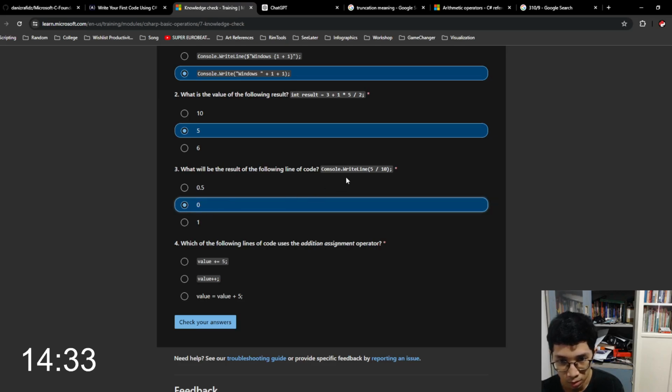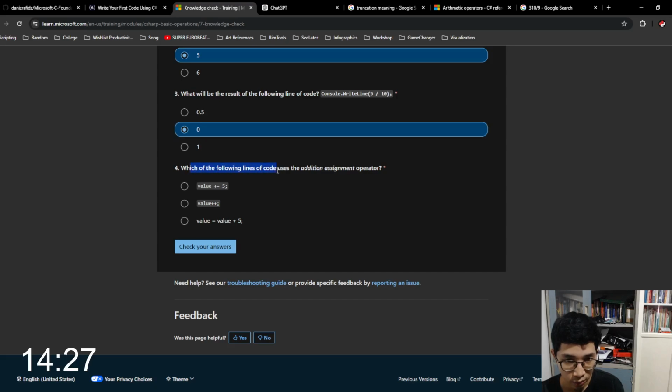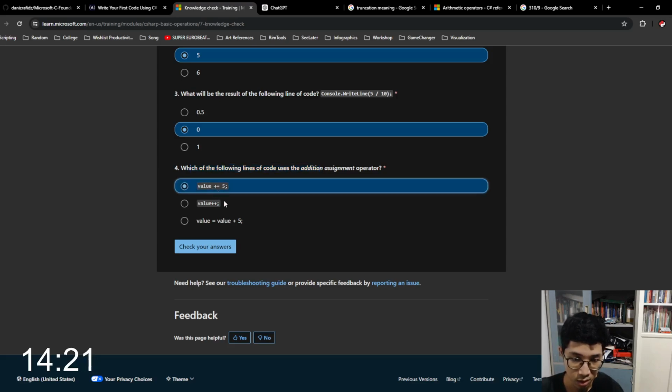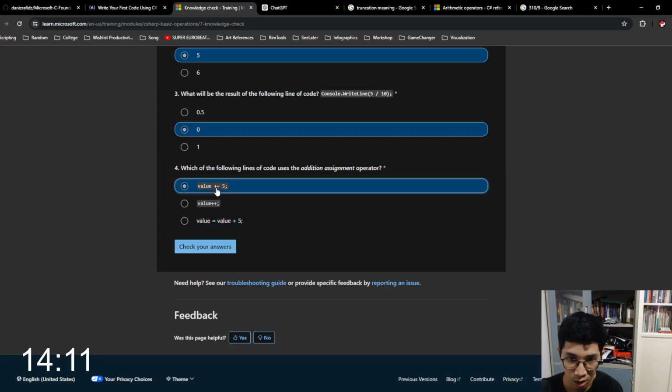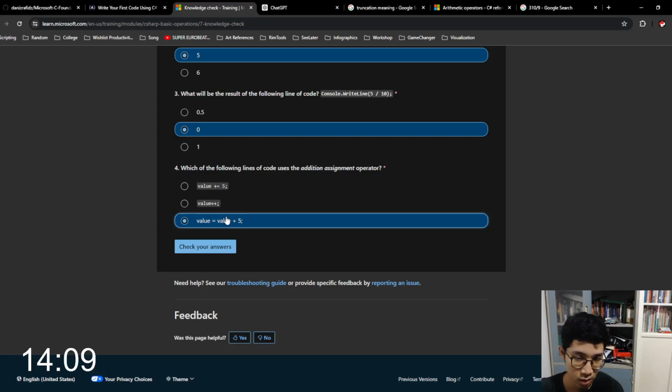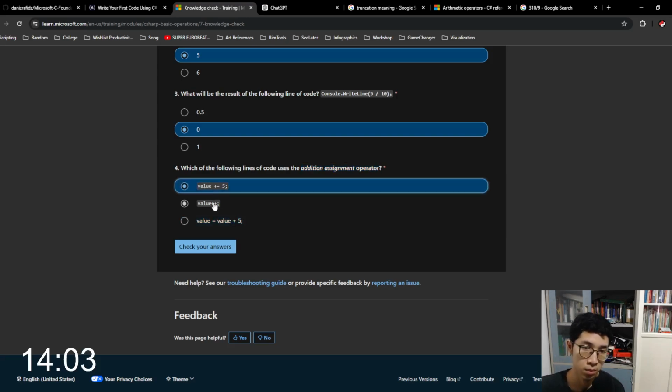I guess this one, because 5 cannot be divided by 10 in integer. That's it. Which of the following lines of code use the addition assignment operator? Addition assignment, this one. This one has almost the same functionality as addition assignment, but it is not the addition assignment operator, though the function is the same.